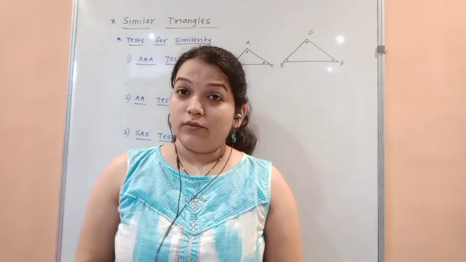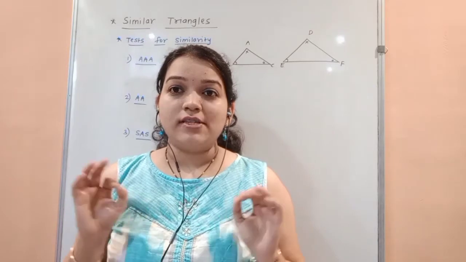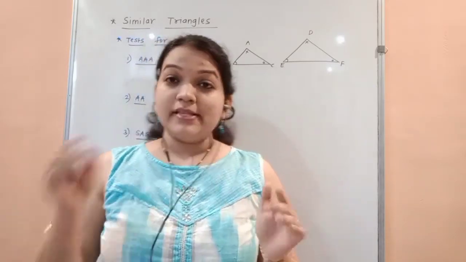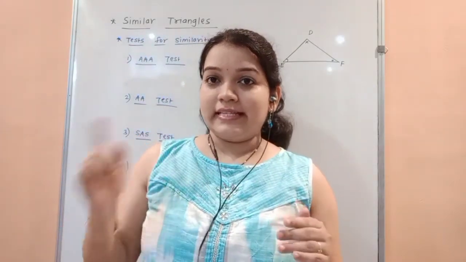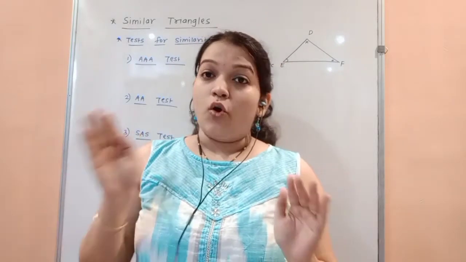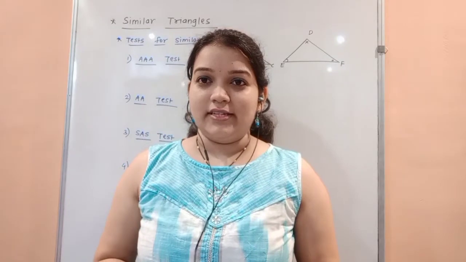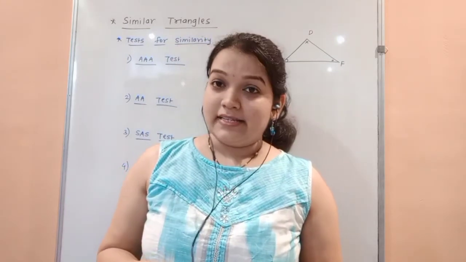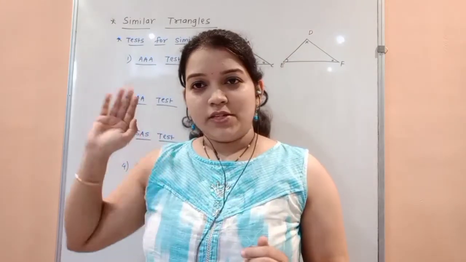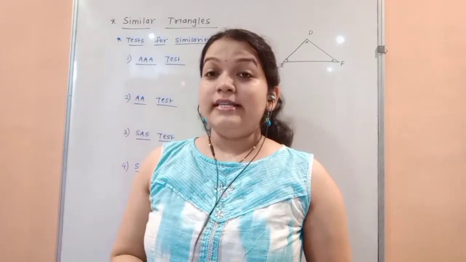Now we have to see the tests for similarity of triangles, that is, by which test we can say two triangles are similar. Already you have studied the tests for congruency of two triangles: AA test, SSS test, SAS test. The same tests we have to study for similarity.